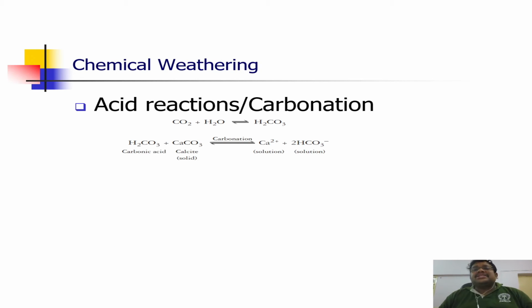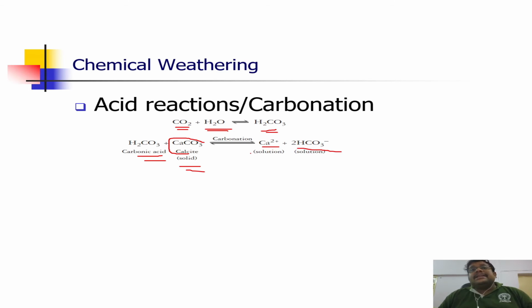There are also some acid reactions or carbonation. As you can see here, carbon dioxide accumulates in soil air due to the respiratory actions of roots as well as the millions of microorganisms and macroorganisms present in the soil, and this carbon dioxide reacts with the water vapor present in the soil, forming carbonic acid. When this carbonic acid reacts with secondary minerals like calcium carbonate or calcite, they can form the constituent calcium ion as well as the bicarbonate ion.